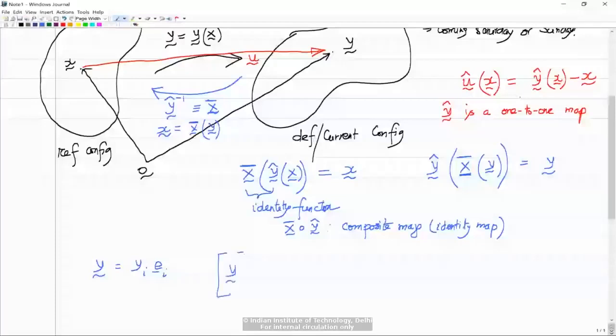So a vector is a vector, but its representation, we denote it with this square bracket, and we have to say in what coordinate system you want to represent. So that's then y1, y2, y3, the three components.